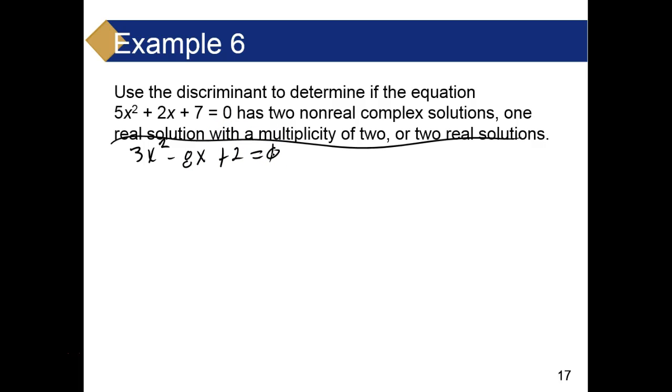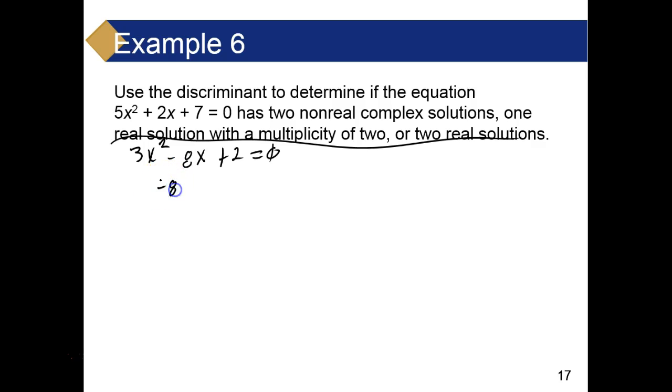First thing you ask yourself is what? Is that in standard form? Yes, it is. Okay, then what was the next question? Yes, find the discriminant. When they say solve it, we're going to try to solve it. Let's start with the discriminant. What is the discriminant?